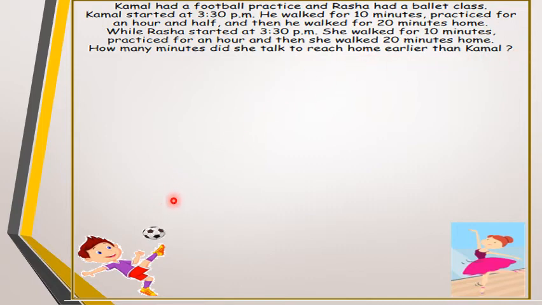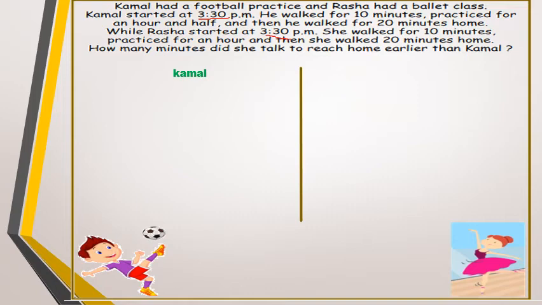So this is a multi-step story problem. First I will start by calculating the time that Kamal takes and the time that Rasha takes, and see who reached earlier. So they both started at the same time.